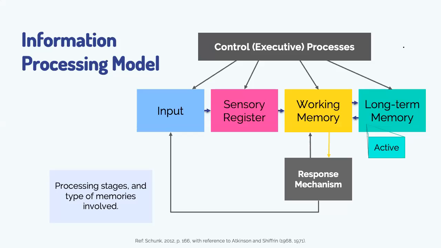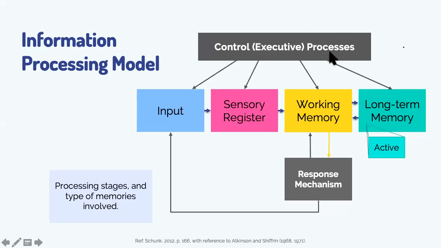According to Dale Shang, this is another simple model on information processing, in which the processing stage in our brain involves the types of memory that we have, particularly in the control and executive processes.